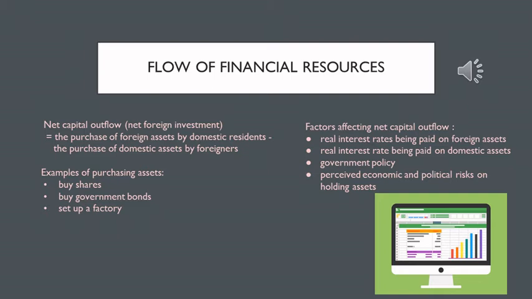There are some factors that may affect net capital outflow. The change in real interest rates being paid on foreign assets or on domestic assets will affect the net capital outflow. Besides, government policy and the perceived economic and political risk of holding assets can also be factors.